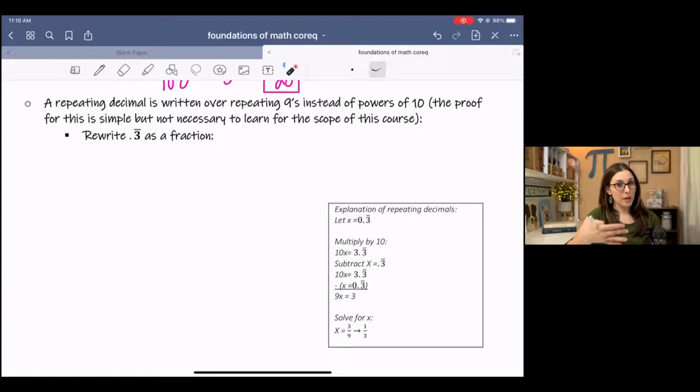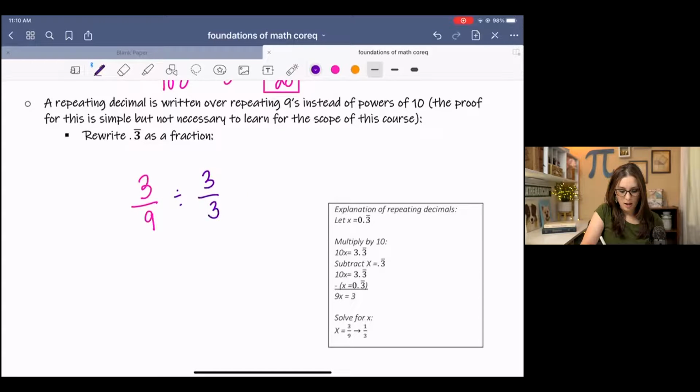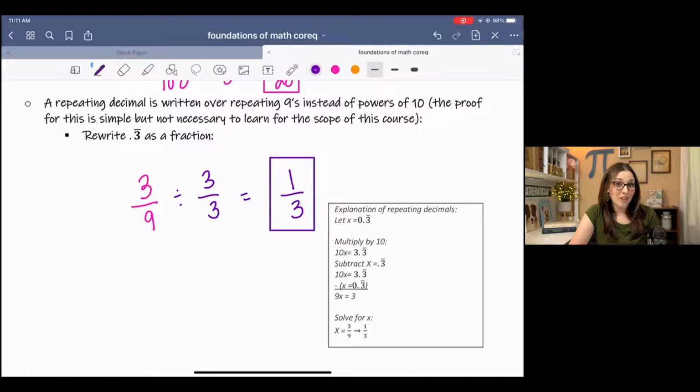But since it's repeating, it's actually 3/9. We put it over a 9 instead of a 10 because of the repeating. And then same thing, we're still going to reduce, and we get 1/3. So 0.3 repeated in fraction form is 1/3.